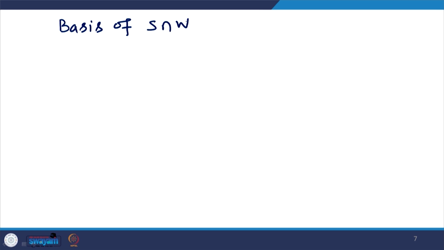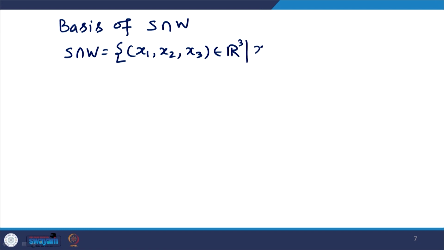If you need to find out the basis of S intersection W, then what is S intersection W? It is all vectors (x1, x2, x3) belongs to R3 such that x1 plus x2 minus x3 equals 0.